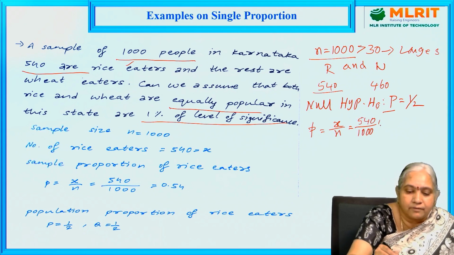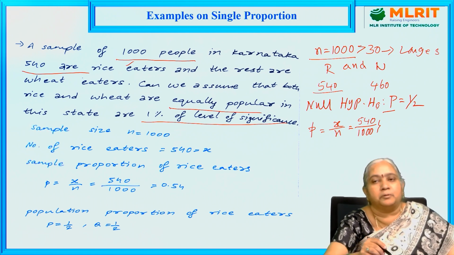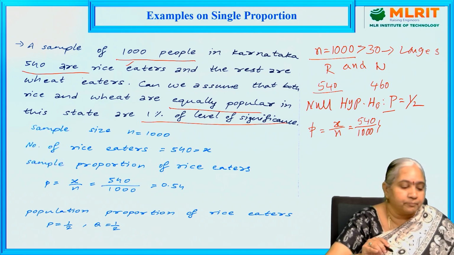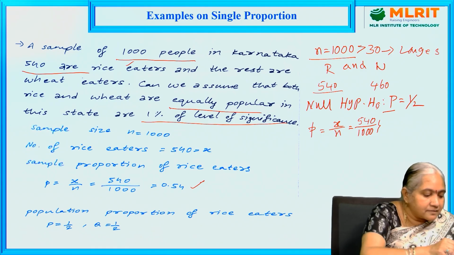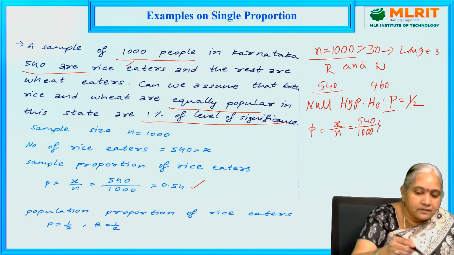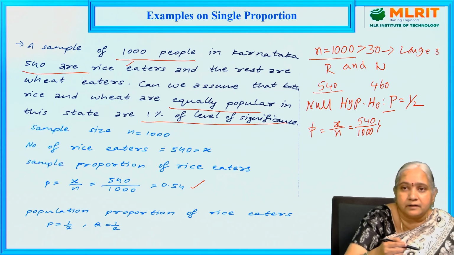Out of 1000 people in Karnataka, 540 are rice eaters, so what is the proportion of rice eaters in that sample? 540 by 1000 is the sample proportion, denoted by small p, which is equal to 0.54. And we know that total probability is equal to 1.